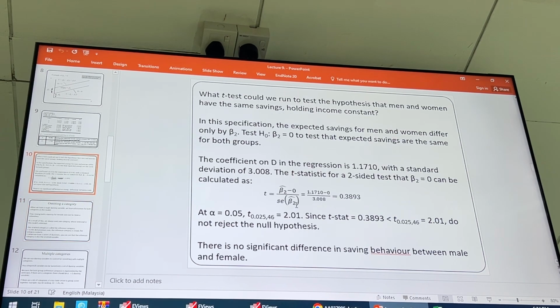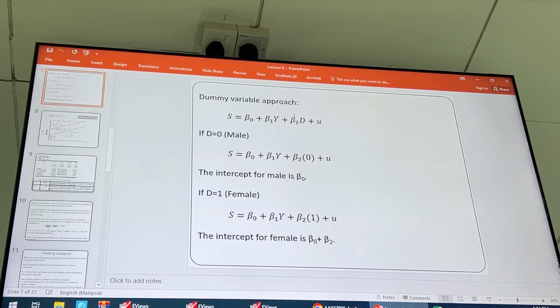So let's say you have another dummy variable, in addition to the dummy for gender. Let's take another example: whether they are working in government or private sector.